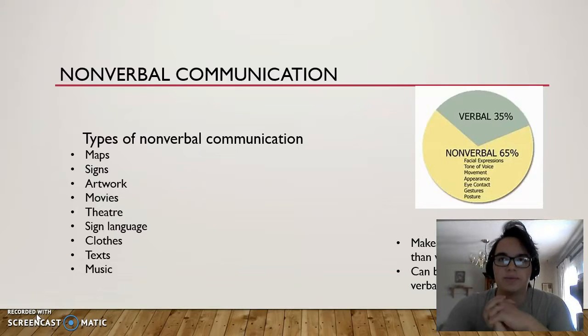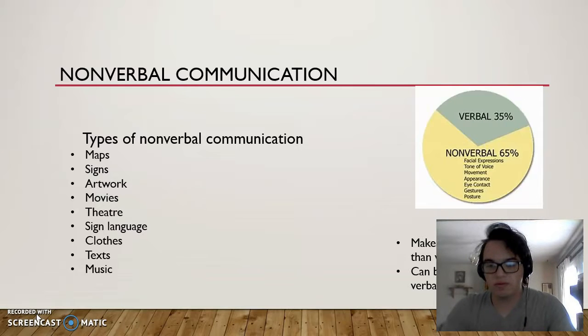With verbal communication, you can say one thing, but if your body language says another thing, you're more likely to see what the body language is saying compared to what just the verbal communication is. And whenever you do use nonverbal communication, it can help express your verbal communication more easily.